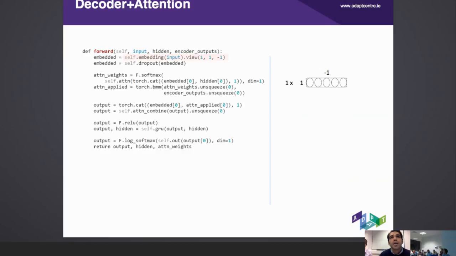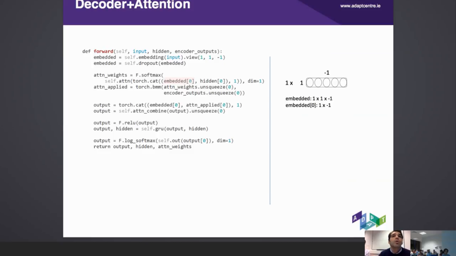As I explained in the encoder part, the structure of this embedding should be like this. It should be one element; if you are doing batch processing, it could be 10, whatever. But in our case, it should be 1. And that one element is one vector, 1 times minus 1. This minus 1, as I mentioned, means that this dimension could be 100, 1000, or whatever. We apply the dropout here.